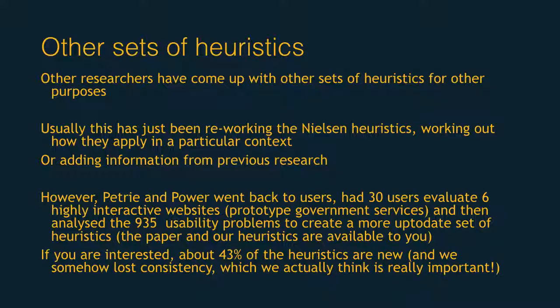That didn't come up as a common problem, but I do think it's very important. So I always say to people, yes, please use my heuristics because I put a lot of work into them, but add consistency from Nielsen, because I think that's important.